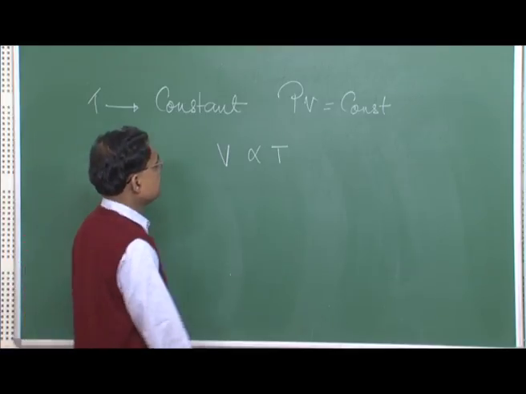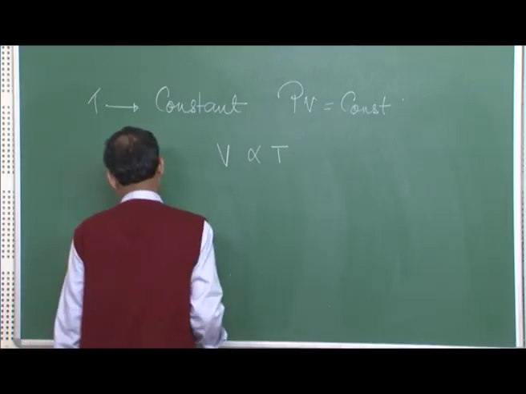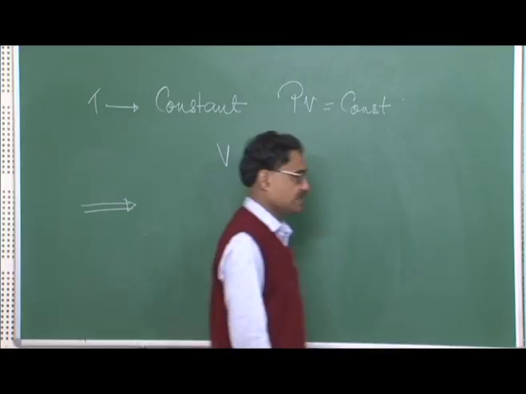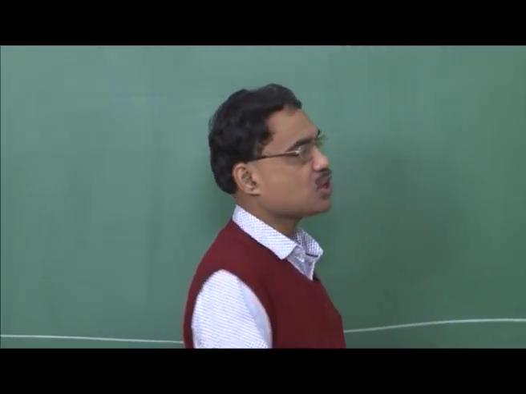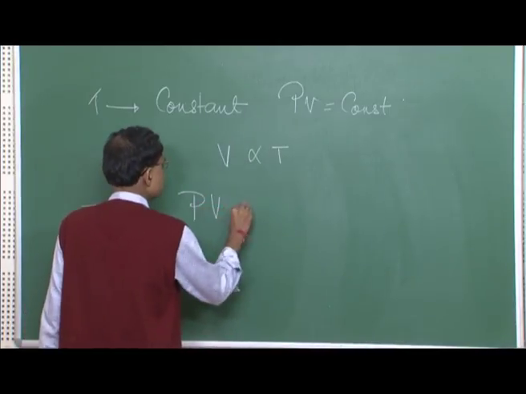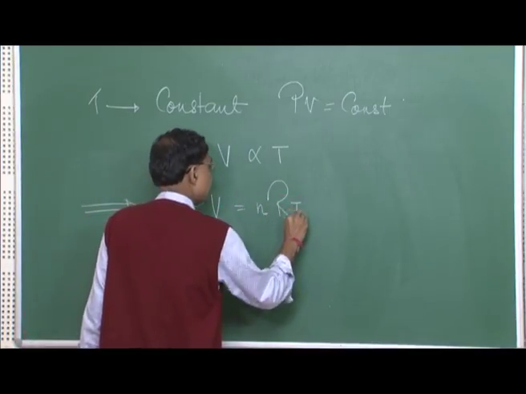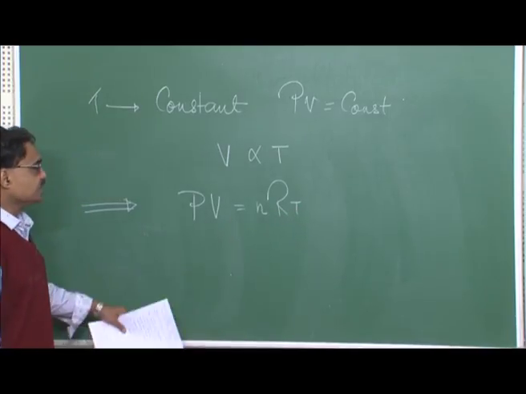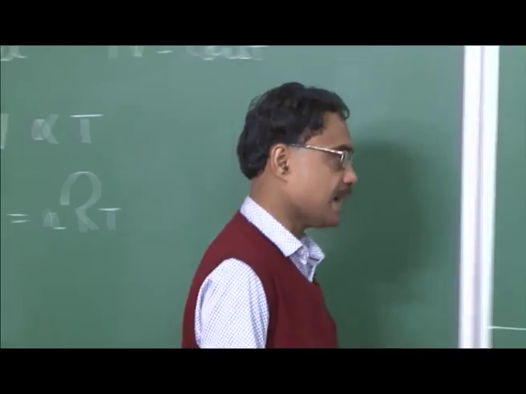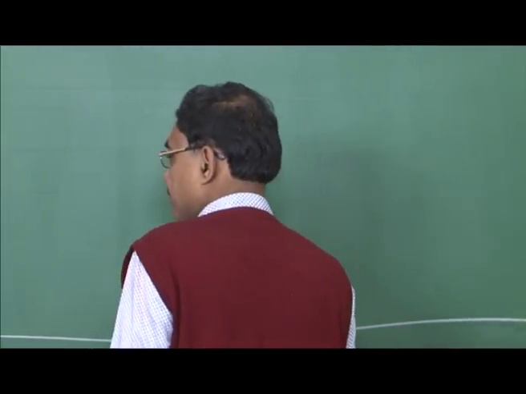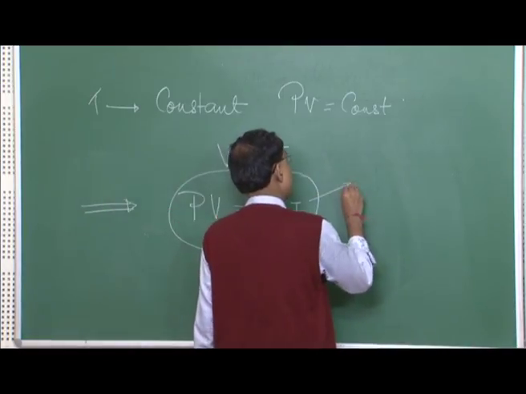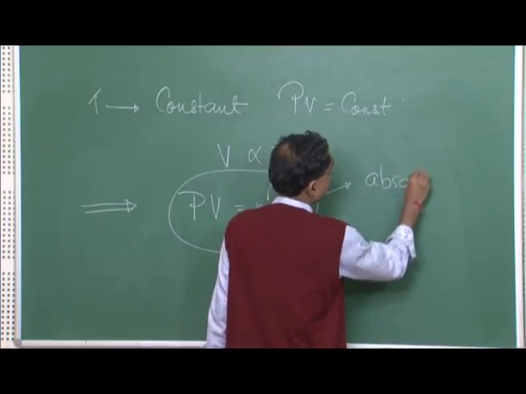Taken together, for any substance or any amount of gas, I can have the equation PV equals nRT. R is the ideal gas constant, T is temperature, and n is the number of moles of the sample I have. Now, this also helps us in defining the absolute scale of temperature.